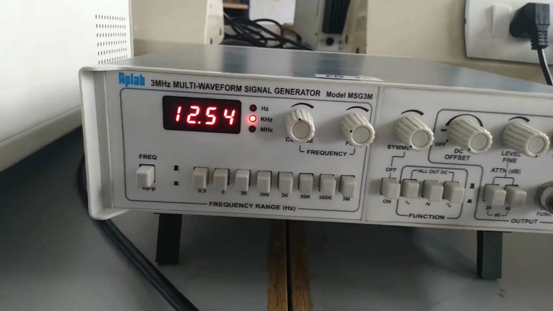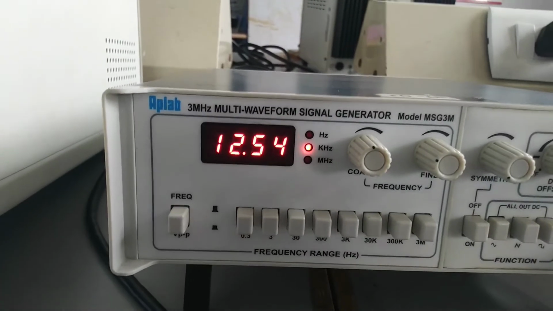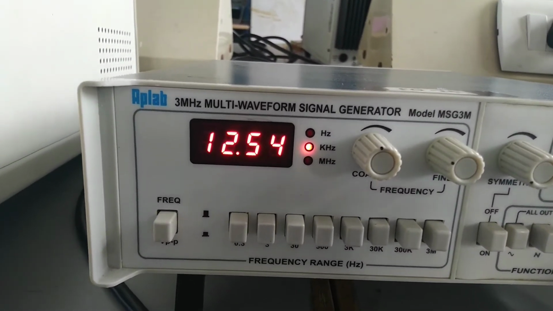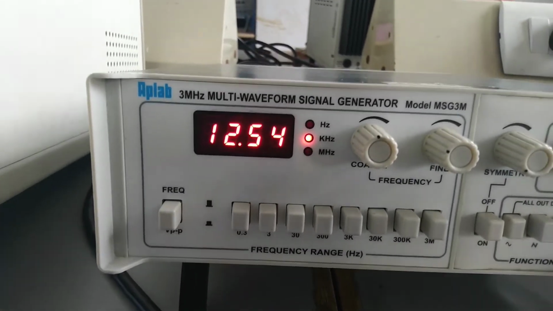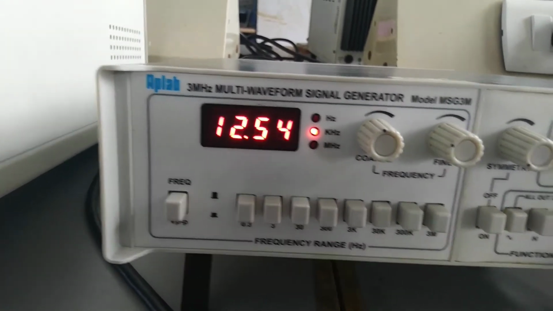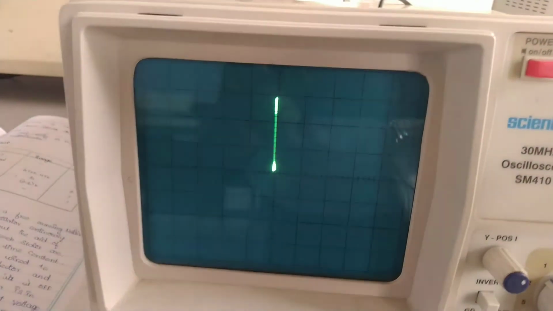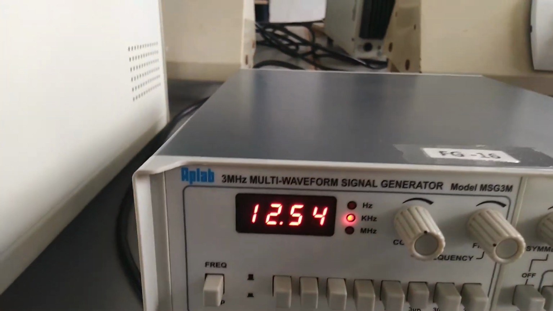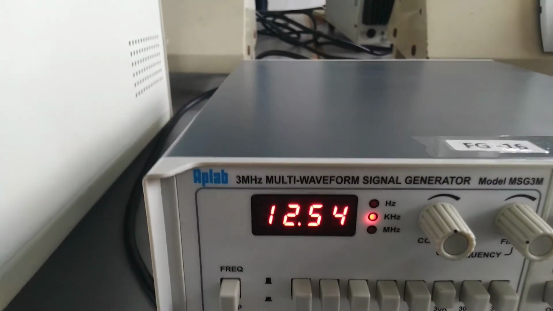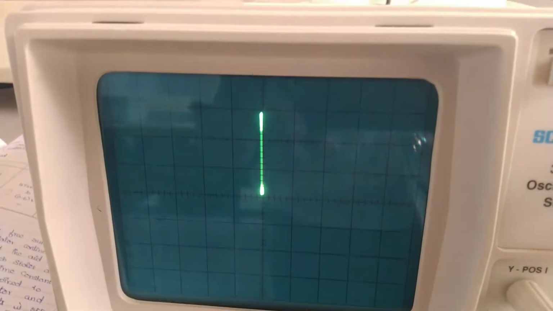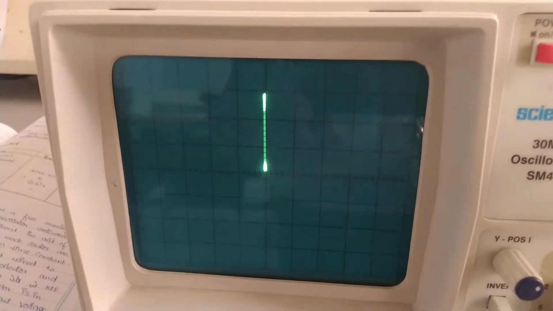For the response condition, we keep changing the frequency from lower to higher frequencies. At the same time, we can get the output through the cathode ray oscilloscope in terms of voltage level, plotting the values with the input frequency on the x-axis, and parallelly the output is taken from the drain terminal.